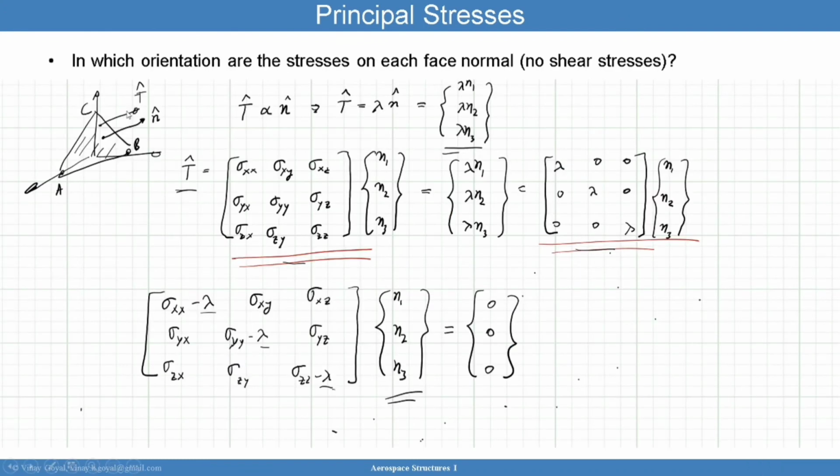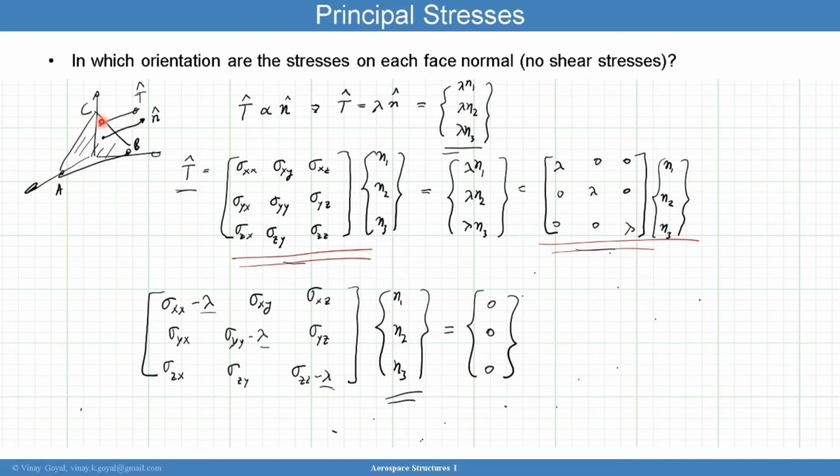So what I want to do is find the plane ABC such that only normal stresses are acting on that plane. So if I define a normal to that surface, ABC, and I slice ABC through a cube, I shouldn't have any shear stresses on that surface. Basically, no tangential tractions to this surface, only normal to that.